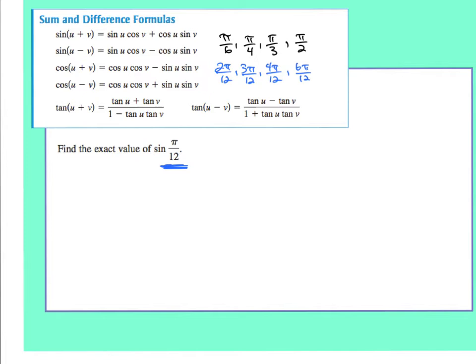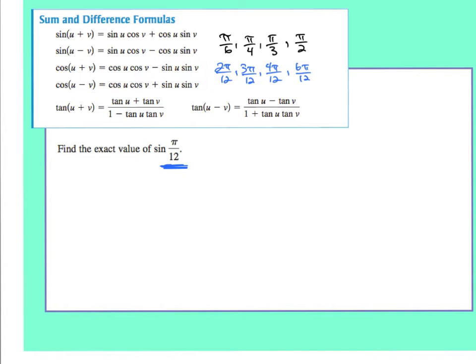You can do this many ways. It doesn't have to be the exact way that McKinley does it or Mariah does it. They could do it differently and still arrive at the same answer. So, how can we get to pi over 12 using some of these? Could I subtract them? Which ones could I subtract? 3 pi over 12 and 2 pi over 12.